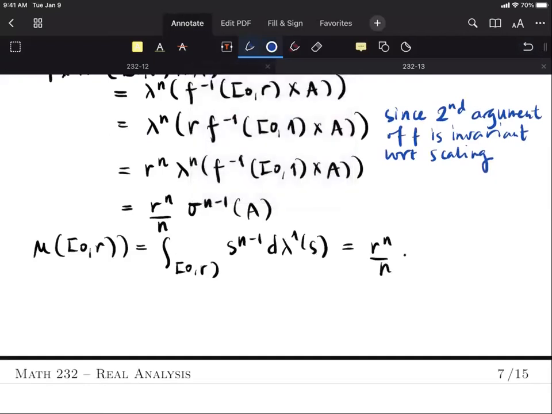Hence, this is equal to mu 0r times sigma n minus 1 a.